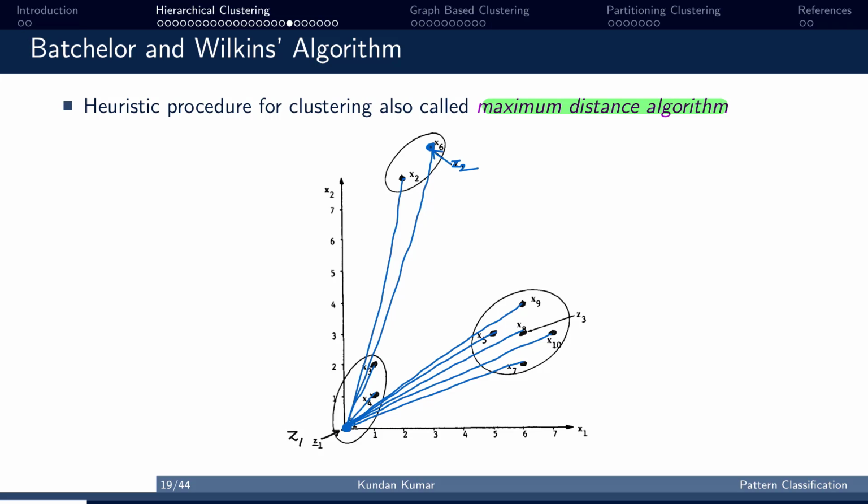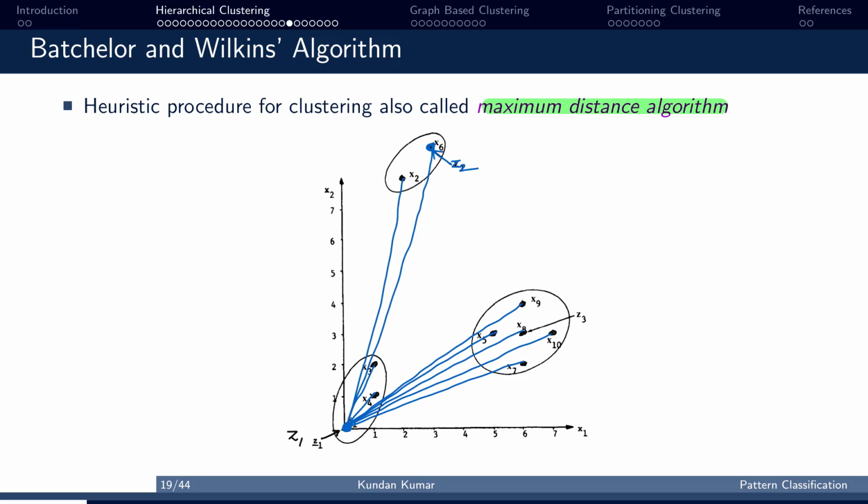This procedure iterates till we reach the number of clusters we want. Once we reach that number, we stop, and based on the Euclidean distance, the rest of the data samples will be assigned to different clusters, computing the Euclidean distance from the centers of the clusters. So this is the concept of the Batchelor and Wilkins algorithm.